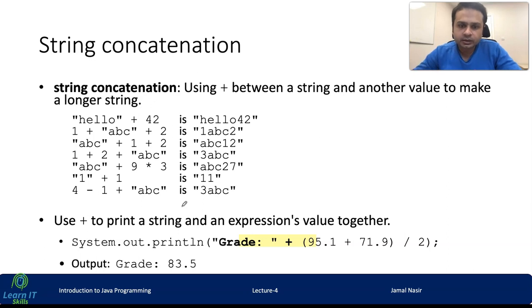Here we are concatenating grade with this, but because of this parenthesis, this expression would be evaluated first, then divided by 2, and then this plus has precedence. So the final answer would be concatenated with the grade, which is 83.5.